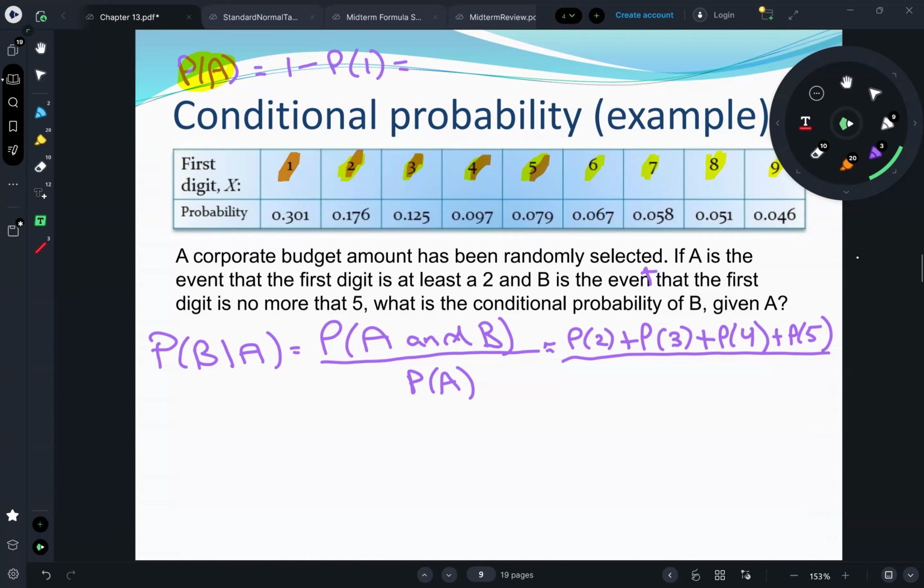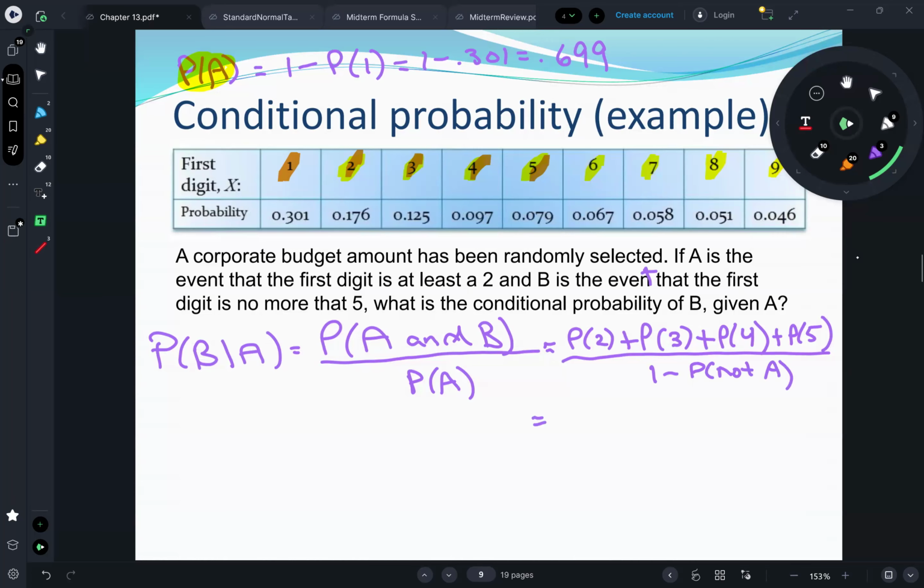So it would be a 2, 3, 4, 5, 6, 7. I could add all those probabilities up, or I could just go 1 subtract the probability of 1. And I get it that way. So that would be 1 subtract 0.301, which is going to be 0.699. So that's 1 subtract the probability of not A.